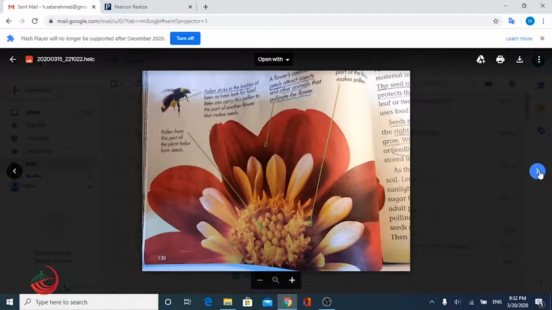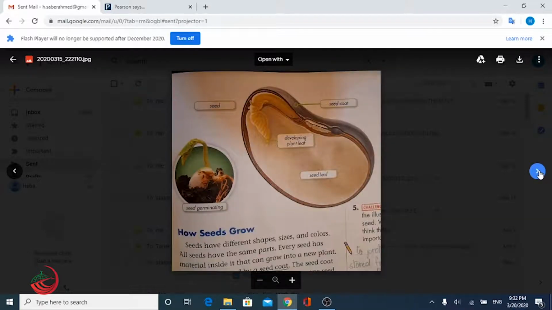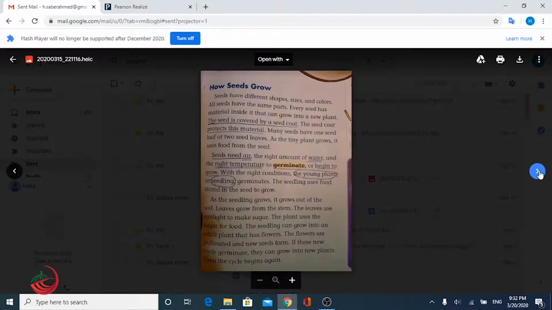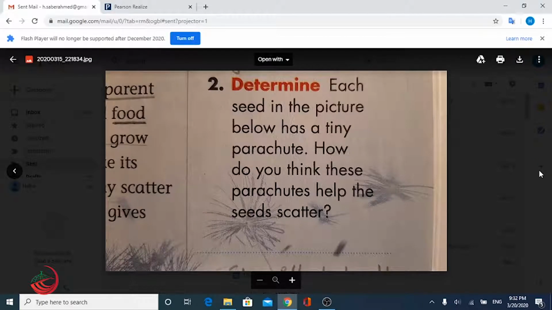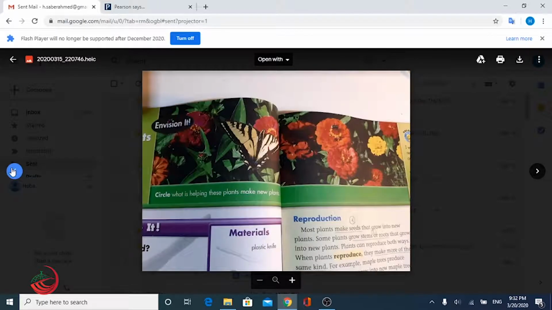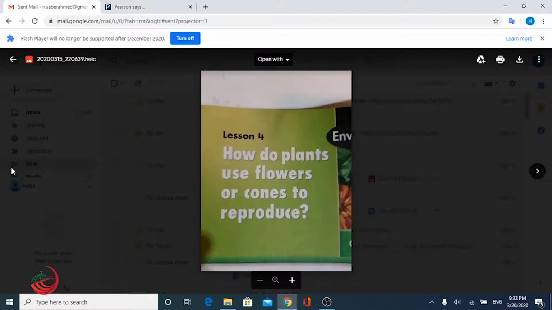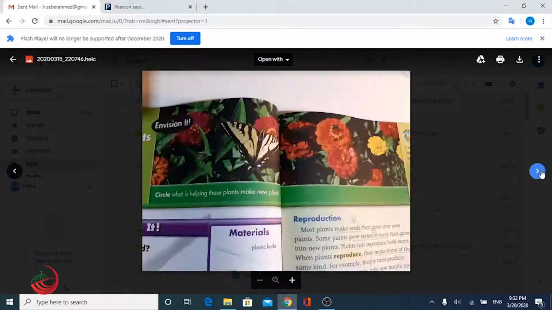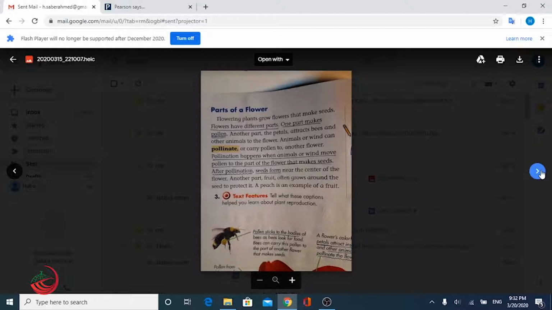Now we'll move to question number 4. Where is it? Can't find it. Okay, we can find it just beside and just next to the part of summarize. What is the function of one part of a flower?